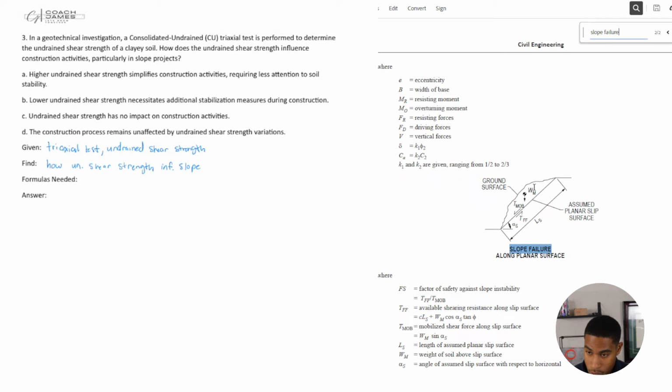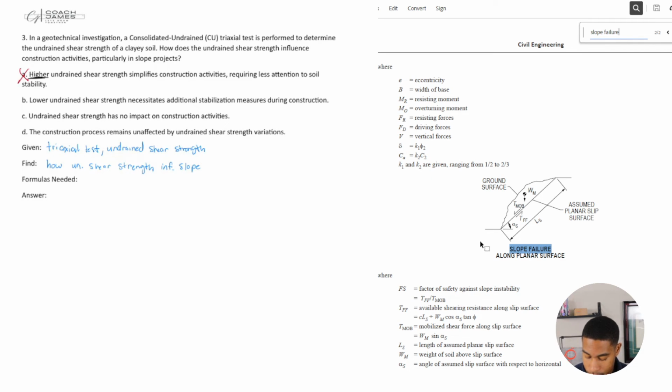If you have more shear force coming down, then you definitely need to pay more attention to slope stability, because this thing may not have the amount of resistance it needs to hold up all that increased shear. So I'd say A is wrong.